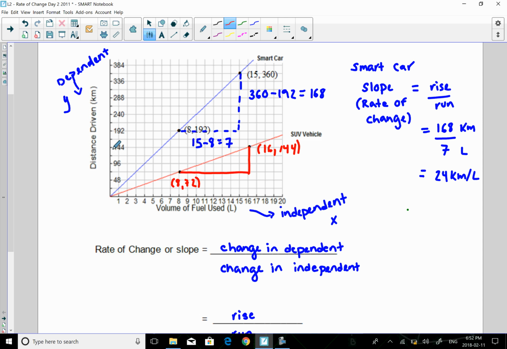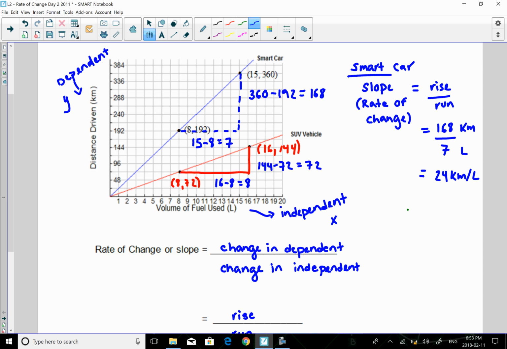You know that by the scale. Remember, our rise is the change from 144 and 72. That's 72. And our run is 16 minus 8, which is 8. So we'll put that into our slope.